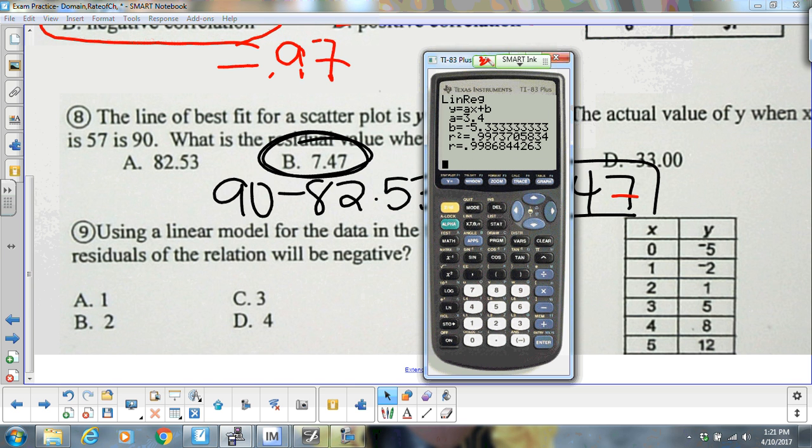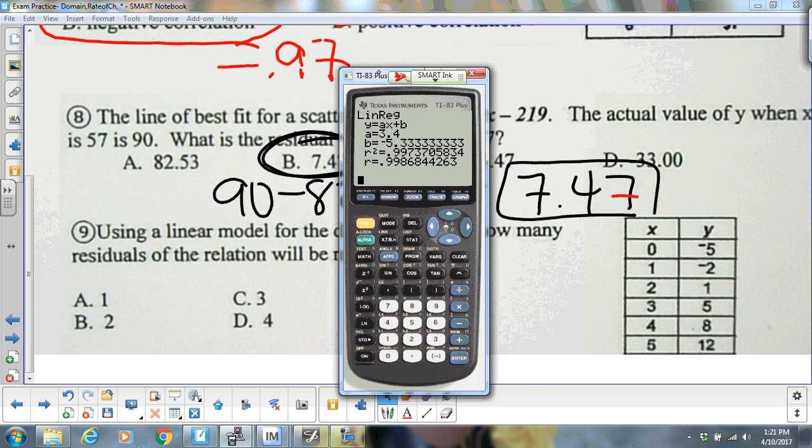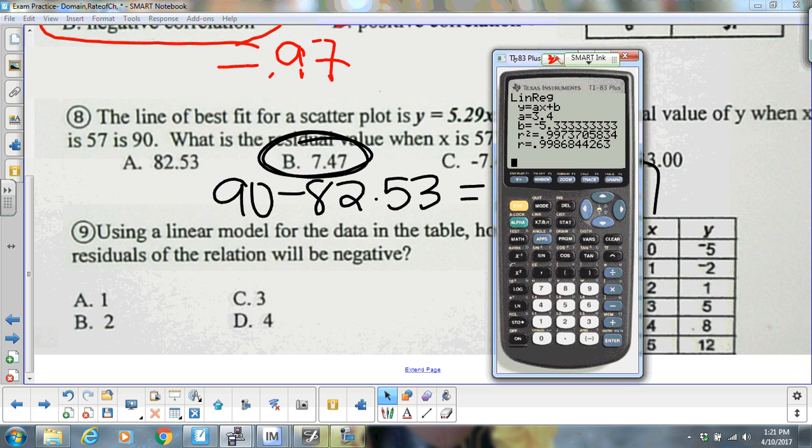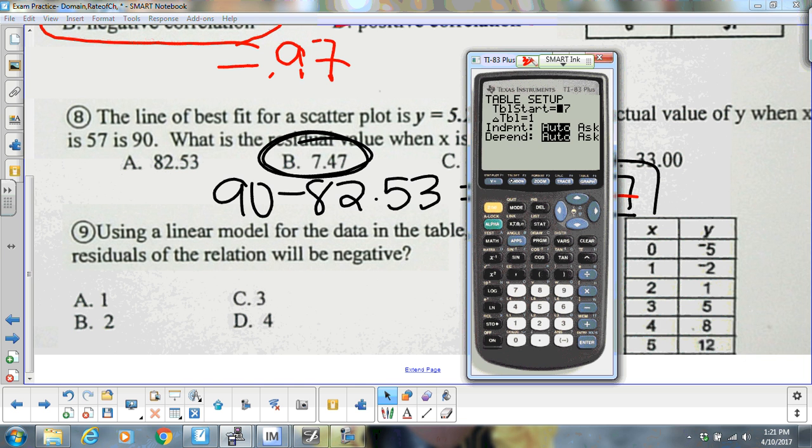Then it wants to know about our residual of using a linear model for the data in the table, how many residuals of the relation will be negative. We're going to look at our table. Second window, we're going to start at 1. 1 was supposed to be -2, so that was our actual.